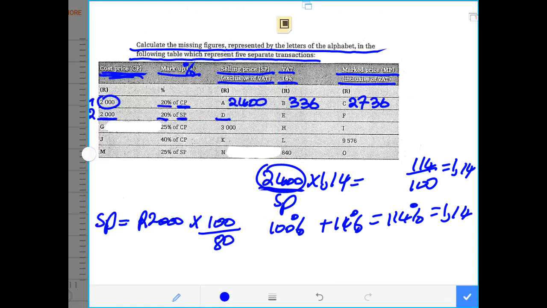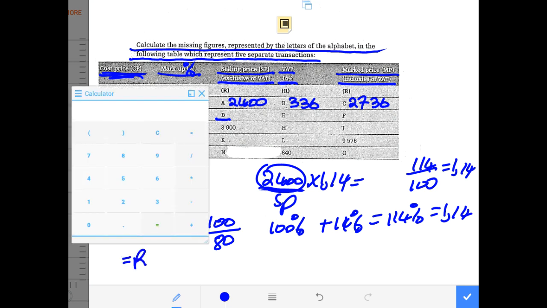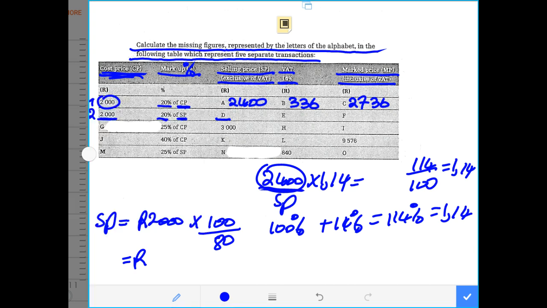Therefore our selling price will be 2,000 rands multiplied by 100 and divided by 80, and this will give us 2,500 rands.